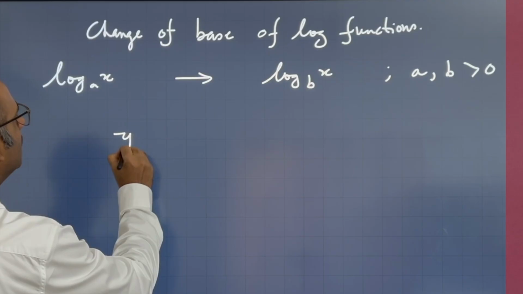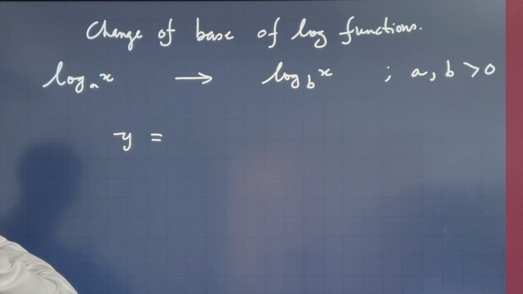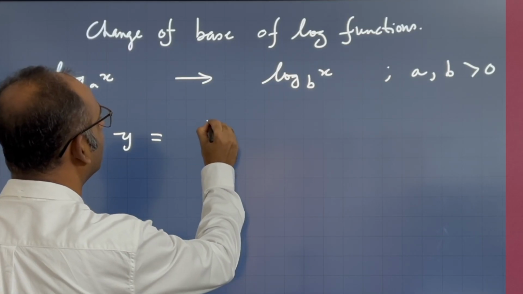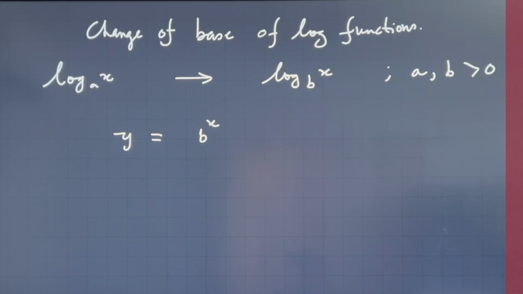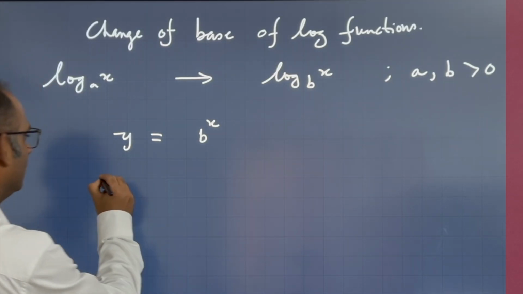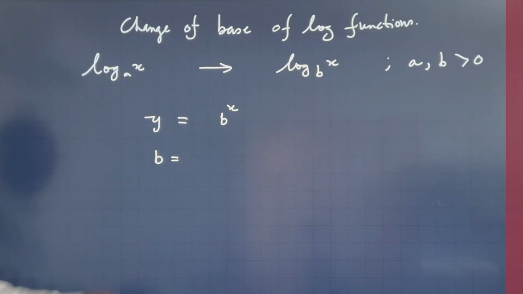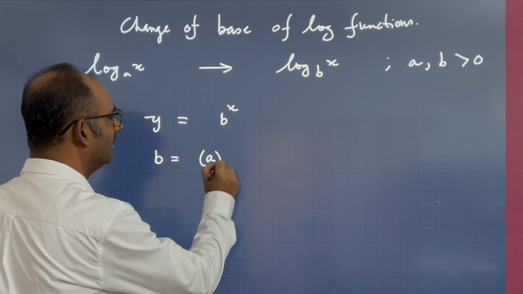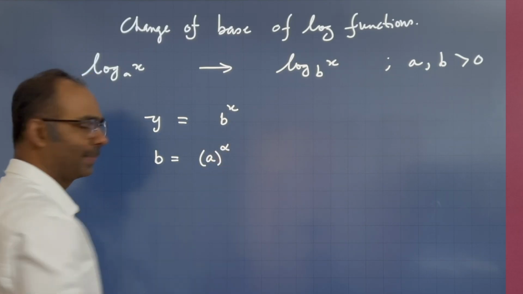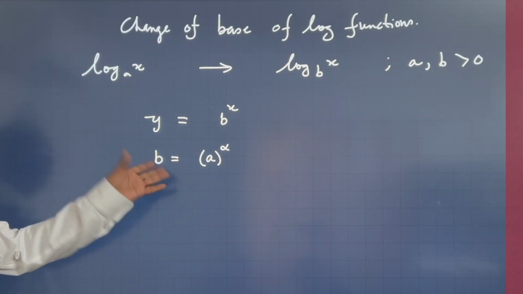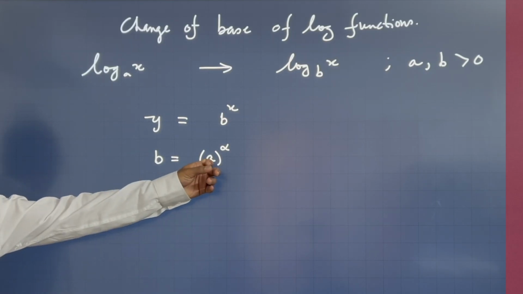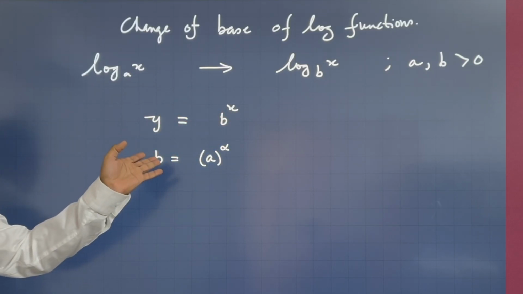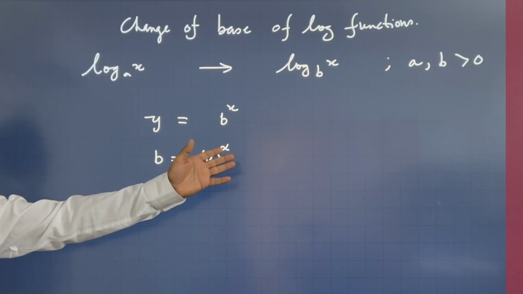So let's say y is equal to b to the power x. Now b is some number, but b can be written as a to the power of some alpha. So let's say b is 25, a is 5. So 5 to the power of something would be 25, which in this case is 2.